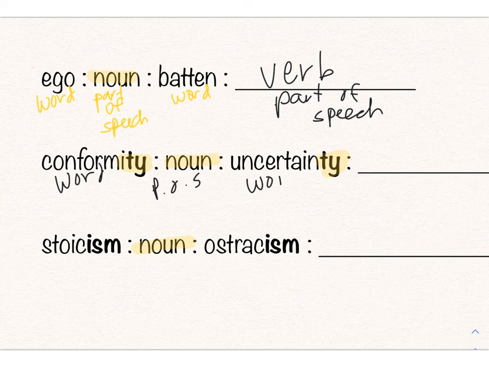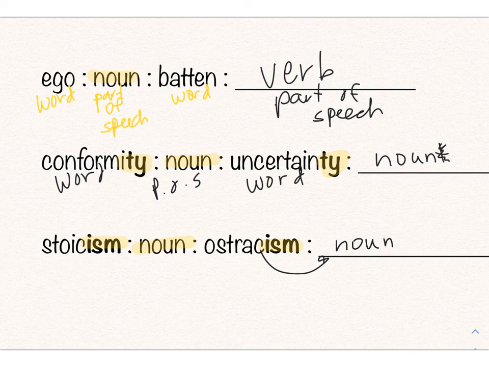Since they both share the same suffix, I can conclude that uncertainty is also a noun. In the next one, stoicism ends in ISM, and ostracism also ends in ISM. So if stoicism is a noun, then we can also conclude that ostracism must be a noun.